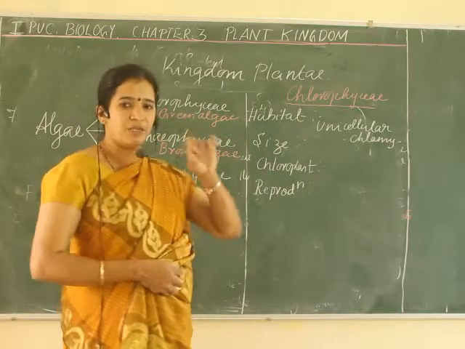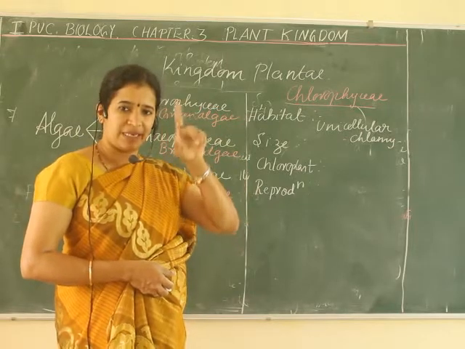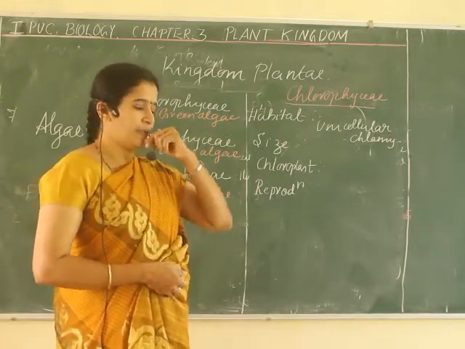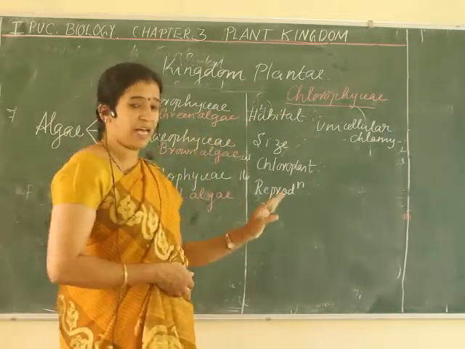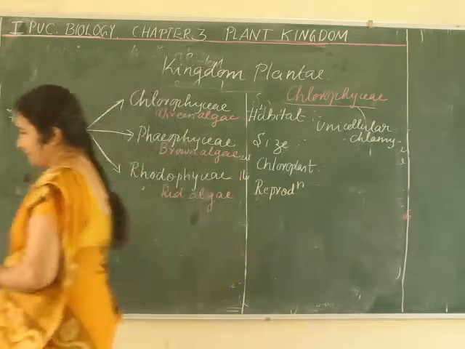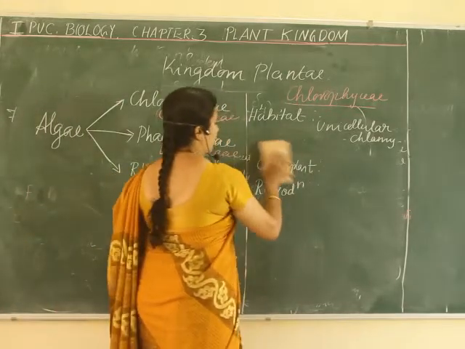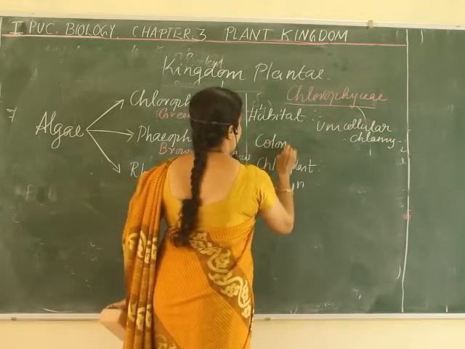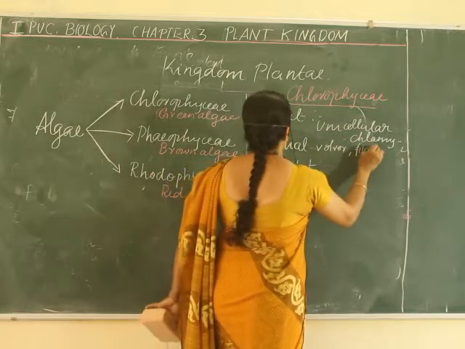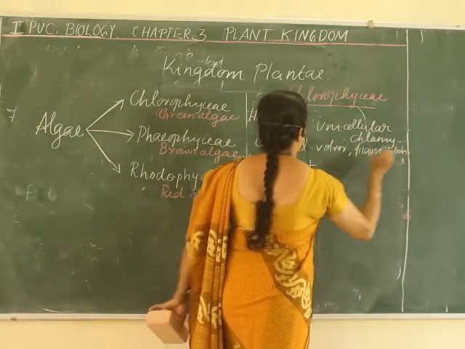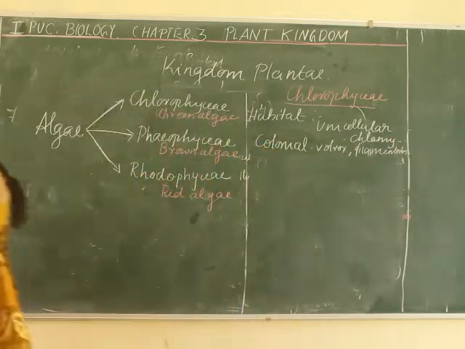Remember those 3 diagrams: one with the circle, one small with the flagella, and one plant-like. So this category of algae can be unicellular, colonial or filamentous; these are the various forms.